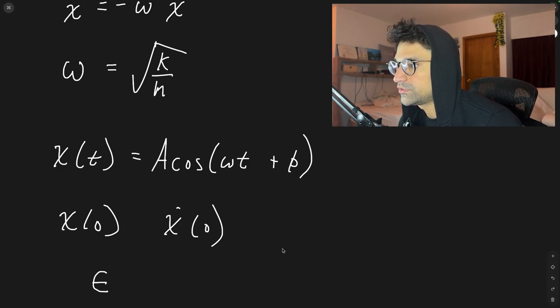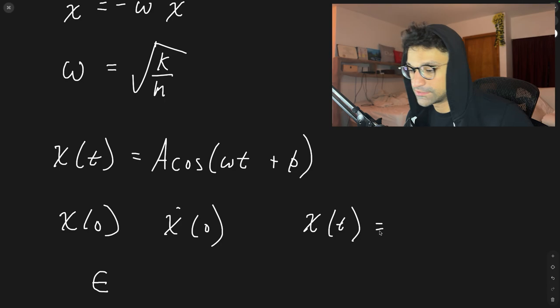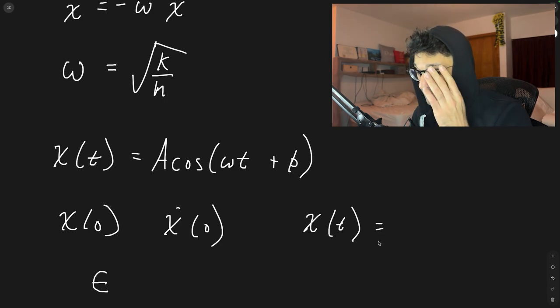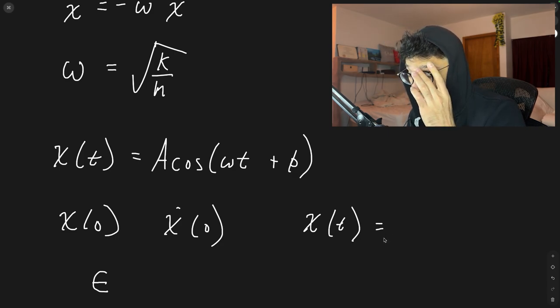And now we know that any function x of t can be written as its Taylor series expansion with a as its center, or 0 as its center, otherwise known as a Maclaurin series, right?